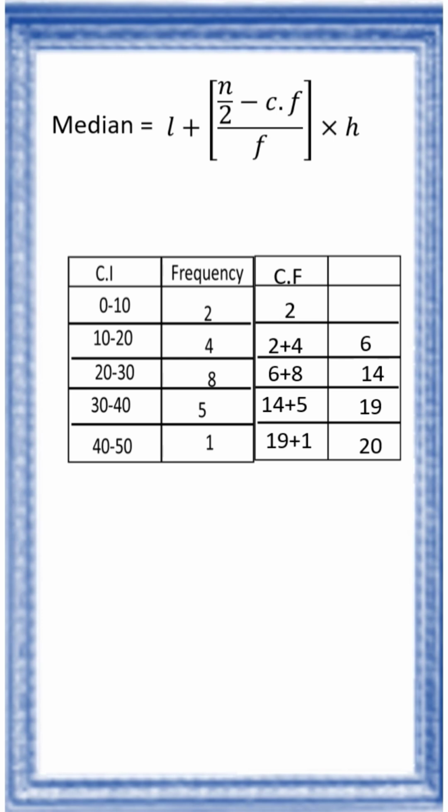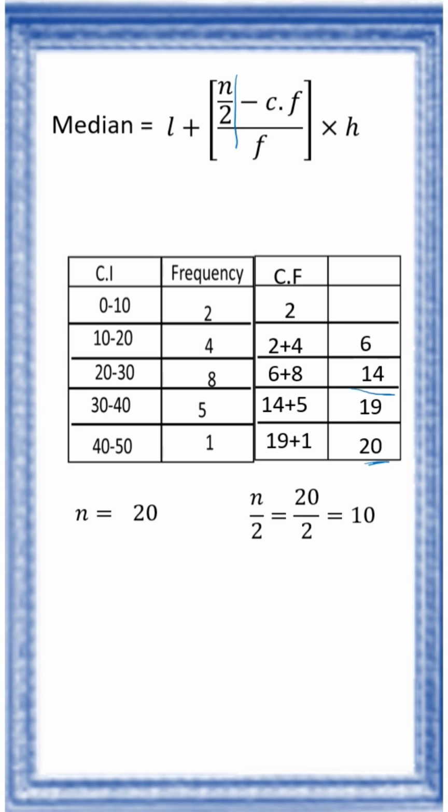Here, which one is L? How can we calculate? Here, n is 20, the total number of frequencies. n by 2 we have to calculate. n by 2 is 20 by 2, that is 10. 10 falls in which class interval?